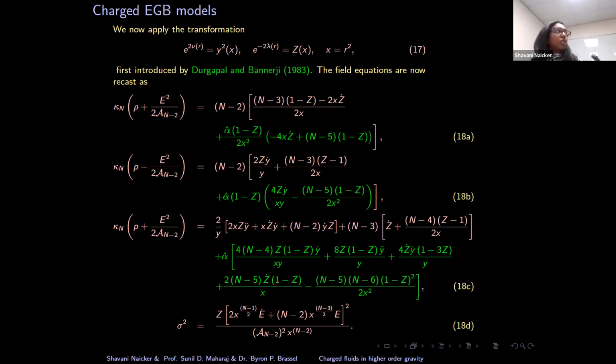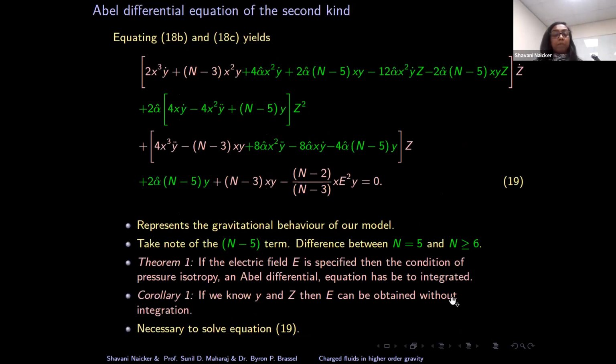So now we will assume isotropic pressure. We make use of equations 18b and 18c to obtain the isotropic pressure condition, equation 19. This equation represents the gravitational behavior of our model, and it is a first order nonlinear ordinary differential equation.